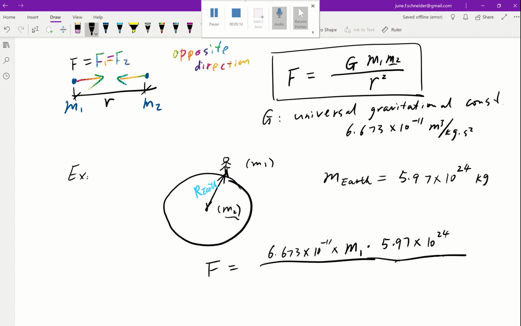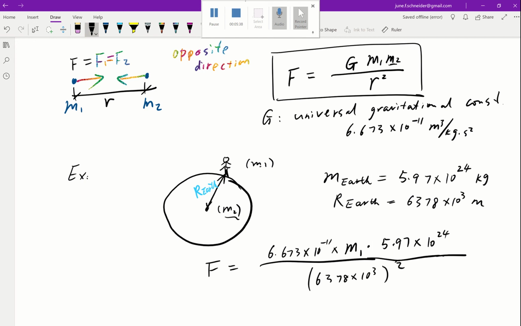Then the distance between M1, which is you, and the Earth is the radius of the Earth. And that value is also a constant. That is 6378 times 10 to the power of 3 meters. It's pretty long, right? And then that's squared up.